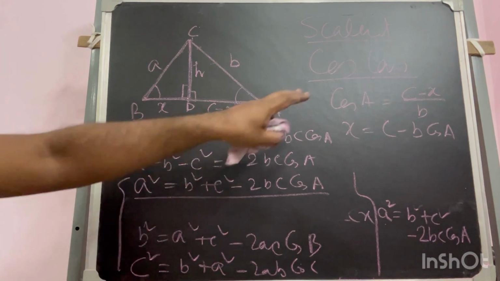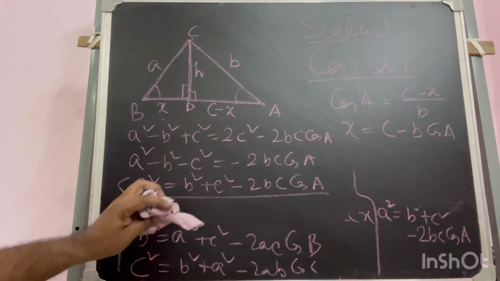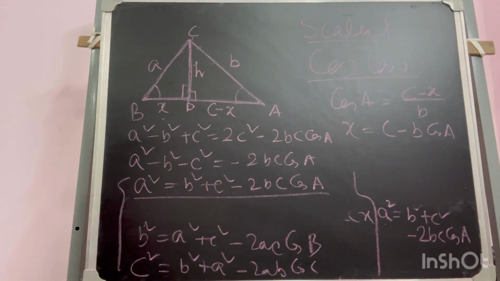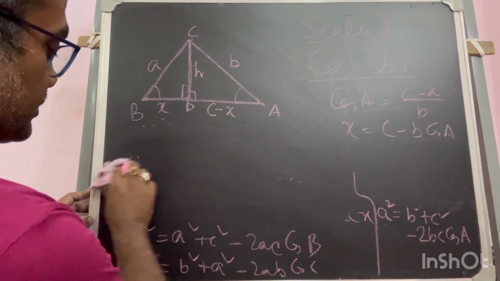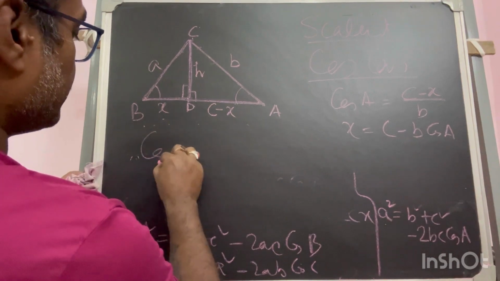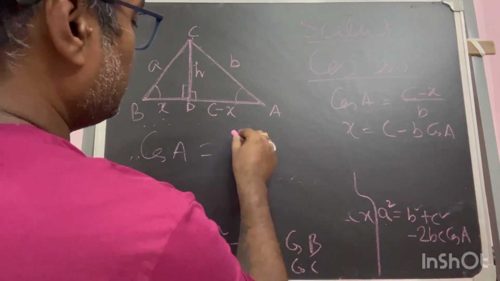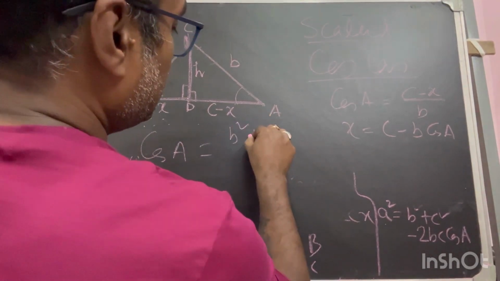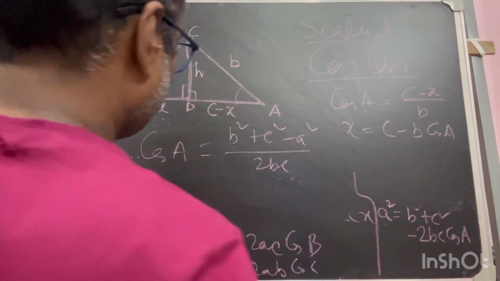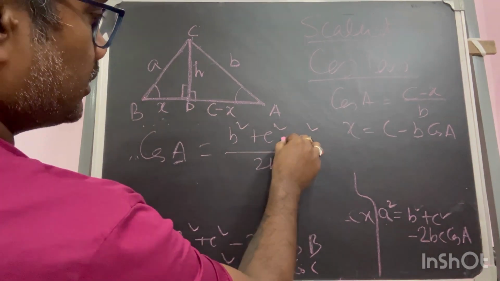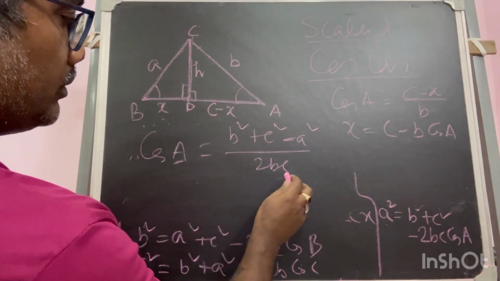So these are the three formulas of cos, called the cos laws. This can easily be used. Generally, if I want to represent cos of angle A, that will give you b square plus c square minus a square by 2bc. On cos A, the minus will be a square, and there will be no a elsewhere.